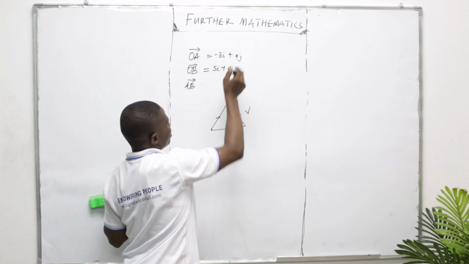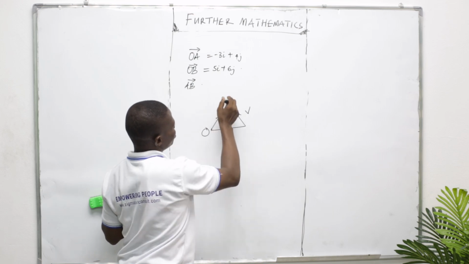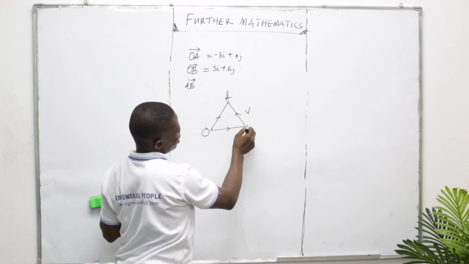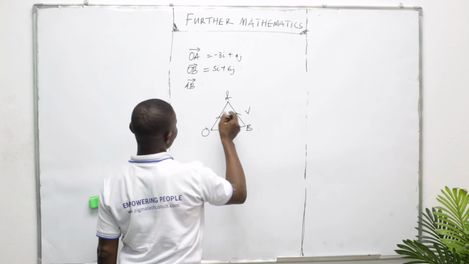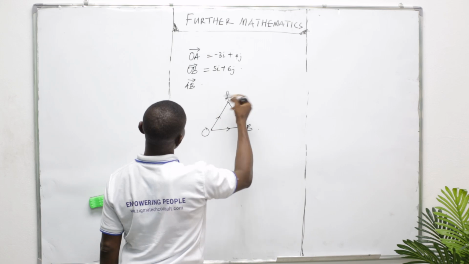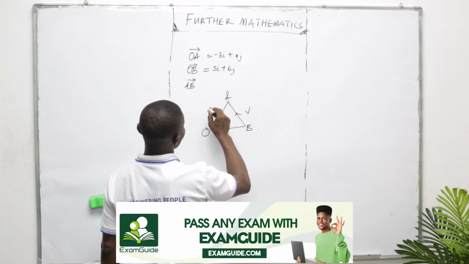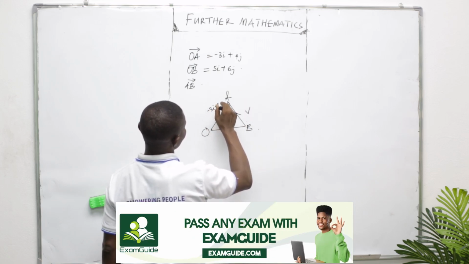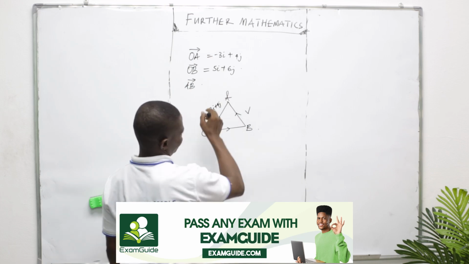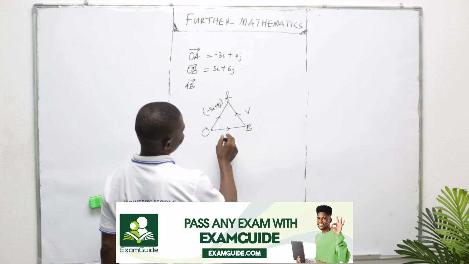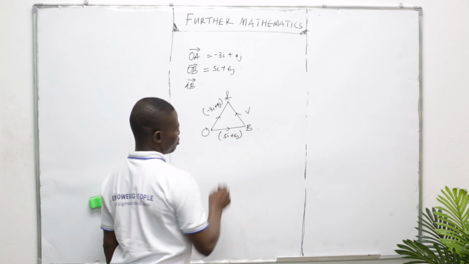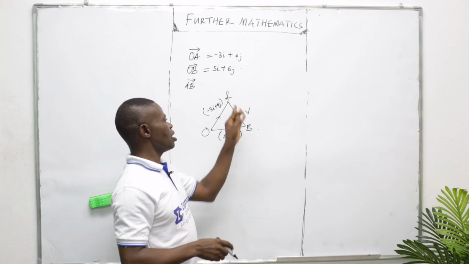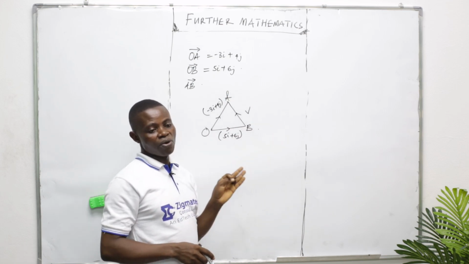My concern here is the origin is O, this is A, while this is B. If my OA, which is minus 3i plus 4j, has been given, and 5i plus 6j also given, my interest here is to find who?